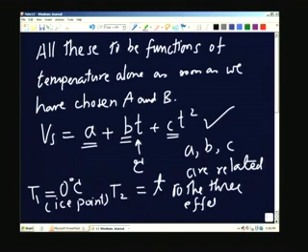In lecture number 11, I will start from here. I will find out what is the correspondence between A, B and C and the three coefficients or three effects we have already talked about.